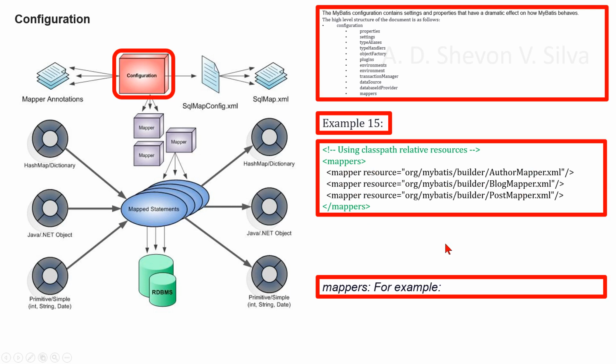These statements simply tell MyBatis where to go from here. The rest of the details are in each of the SQL mapping files, and that's exactly what the SQL mapping files cover.